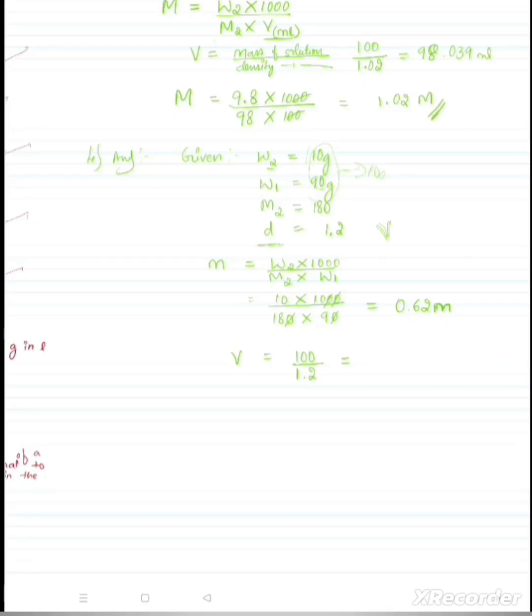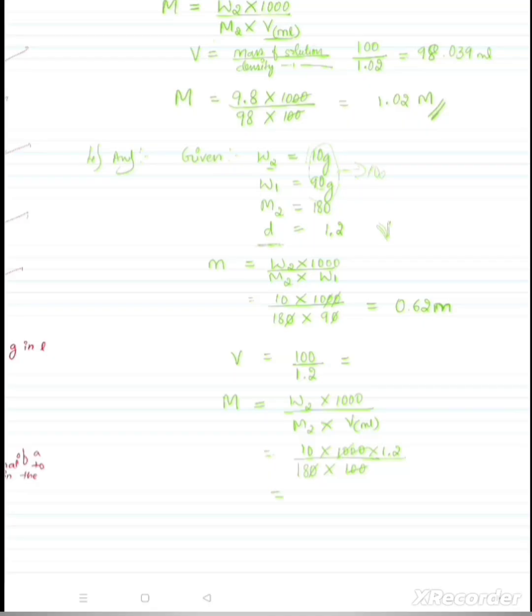We can apply this into the formula: molarity M is equal to W2 into 1000 divided by M2 into volume in ml. So W2 value is 10 gram into 1000, divided by M2 value, 180, into 100 by 1.2. The 1.2 will come to this side, and this will get cancelled.